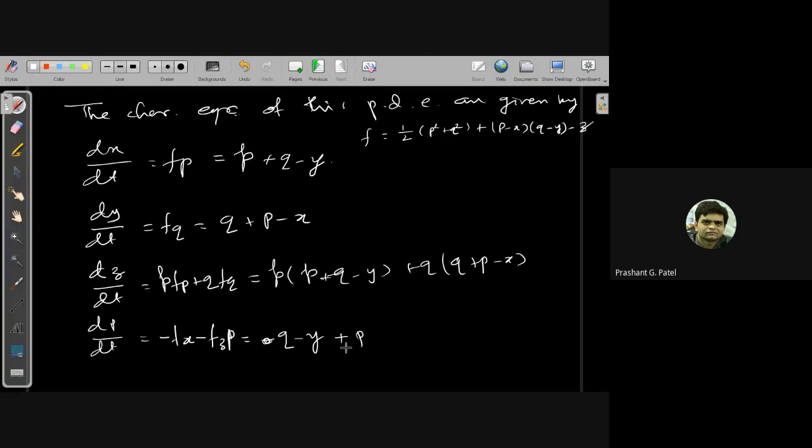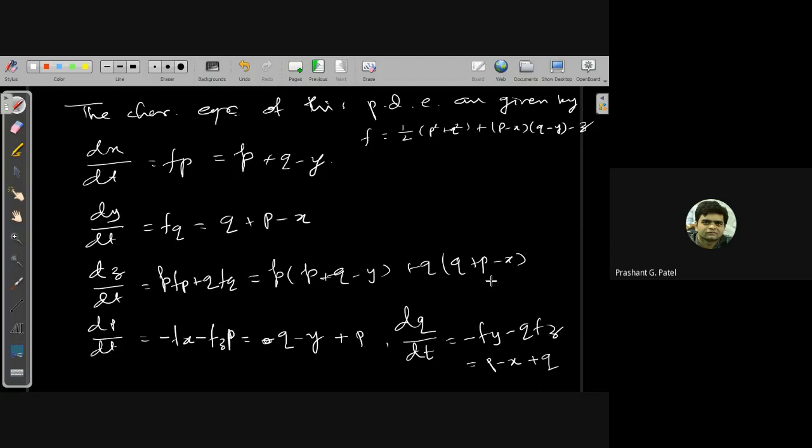So finally it is p plus q minus y. And dq by dt is equal to fy minus q fz. Fy, the derivative with respect to y, gives p minus x, but it already has minus, so minus minus becomes plus, so it is p minus x. Minus the derivative with respect to z gives minus 1, and this minus 1 with this q becomes plus, so that is plus q. So finally we have this.